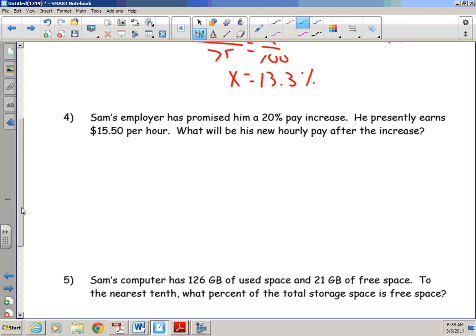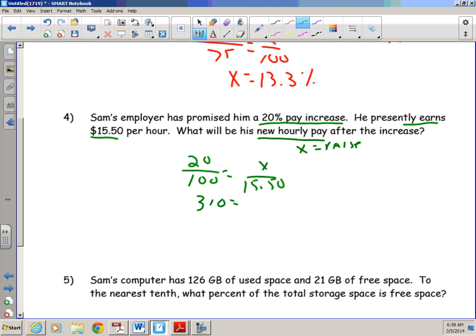All right? Sam's been promised a 20% pay increase, presently earns $15.50, new hourly pay. So again, the raise, which is what we're looking for, is part of his hourly wage.